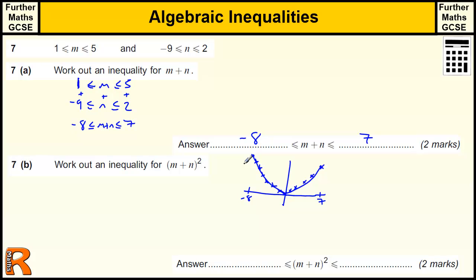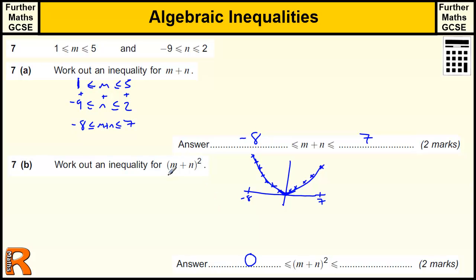So that sort of tells us what the minimum value is going to be. The minimum value must be 0, because it can't be less than 0, because any square number is positive or 0. So when m plus n is 0, somewhere between minus 8 and 7, 0 squared is 0. So that's the minimum value.